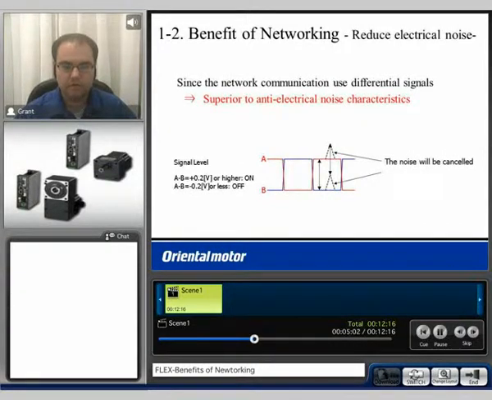Because the serial communication uses differential signals, it's superior to that of I/O control because it has a noise canceling effect. So now it's very possible that you will be error-free and also less likely to be susceptible to different types of noises in a factory environment.